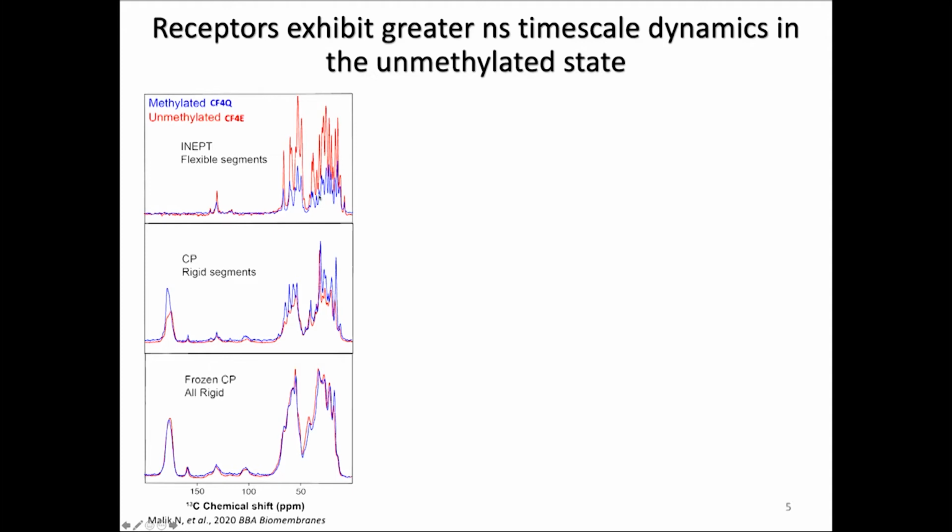And as you can see here, we have much higher INEPT intensity in the unmethylated state than the methylated state. And the CP signal is higher for the methylated state. So this definitely tells us that the unmethylated receptor exhibits a greater dynamics than the methylated state of the receptor. Now, of course, with a 1D experiment, you cannot identify what are the residues involved in this segment.